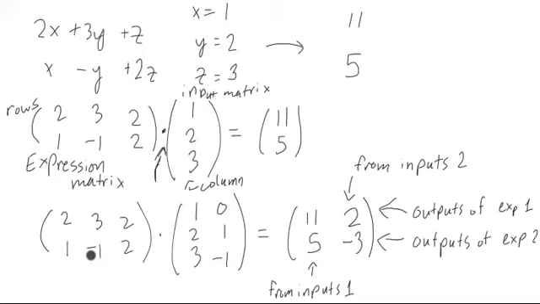So when we have two matrices, let's think about this for a minute. This matrix, let's think about it as being 2 rows by 3 columns. This one, let's think of it as being 3 rows by 2 columns. Notice that if we pick these outer numbers, this 2 and this 2, that's the size of the output, because the rows here turn into rows here, and the columns here turn into columns here.